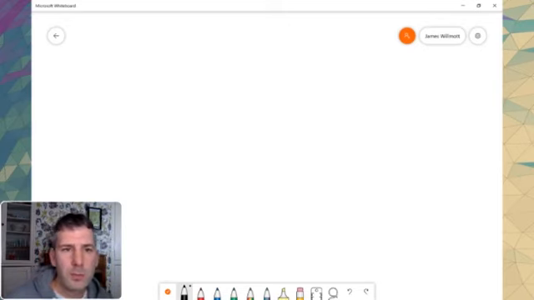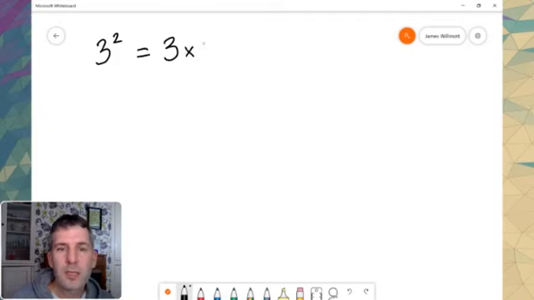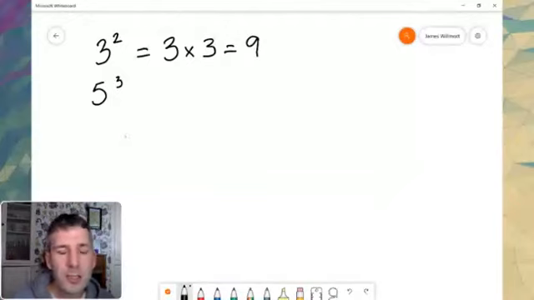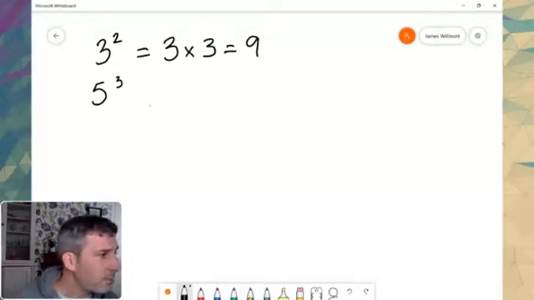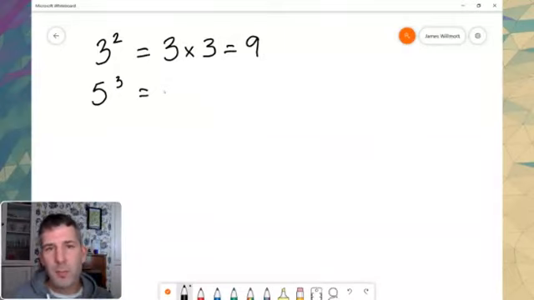So when I've got 3 squared, that just means that I'm multiplying 3 by itself. 3 times 3, which is 9. Let's say I've got 5 to the power of 3, which we write like that. You could also say 5 cubed. That means the same thing. That just means I'm going to multiply 5 by itself, and then multiply it by itself again.